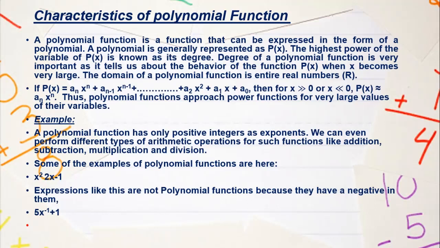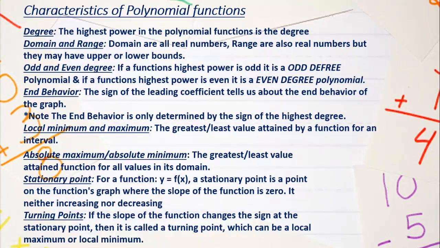So this is also not a polynomial function because its power is negative 1. And it doesn't matter if the power is negative 1 or any other negative value, it would not be a polynomial if there's a negative sign. So yeah. Now we'll study the characteristics of polynomial functions.